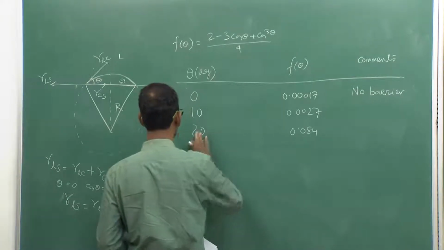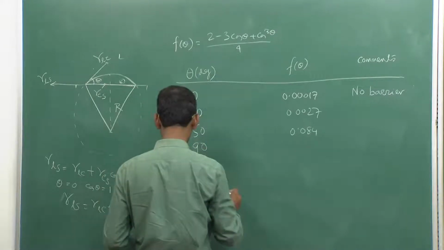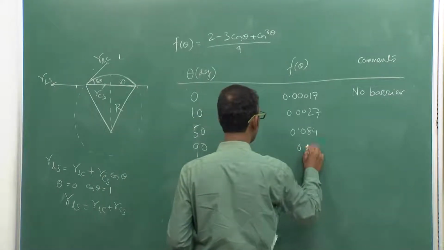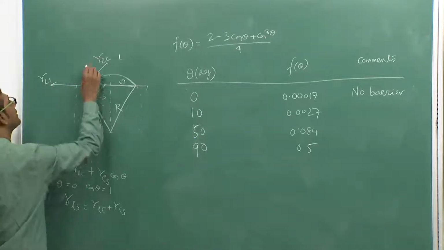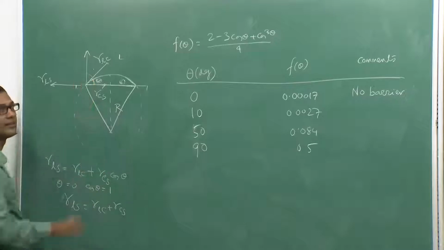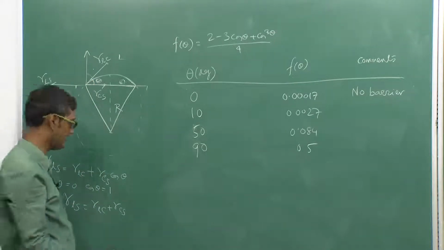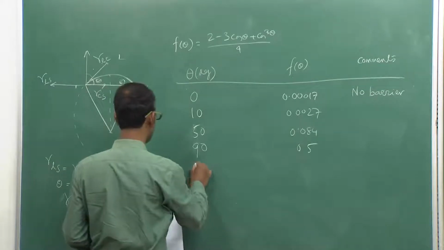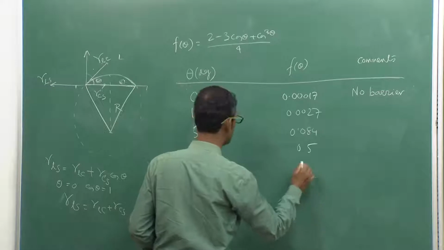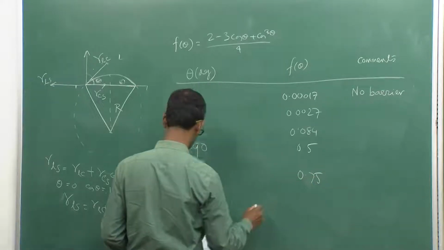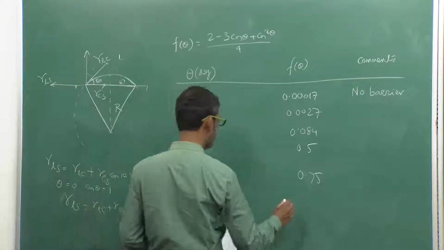This is the 90 degree contact angle, so the contact angle is going to be changing. At 110 degrees it will be 0.75, and at 150 degrees it is equal to 0.99.